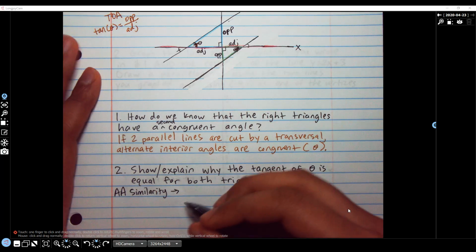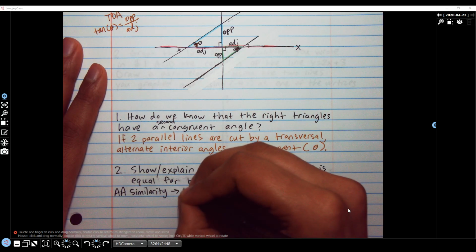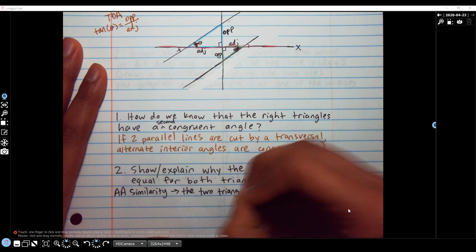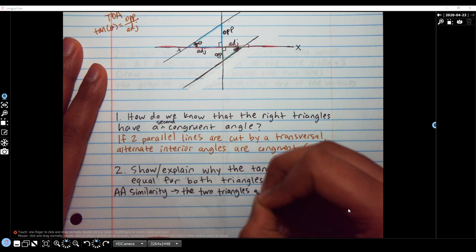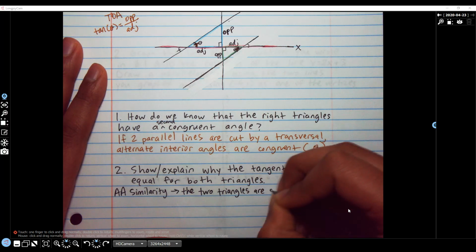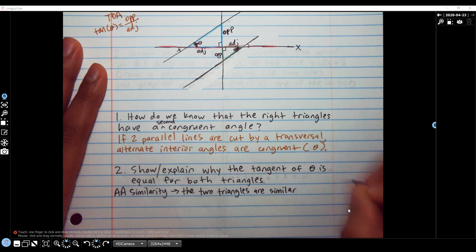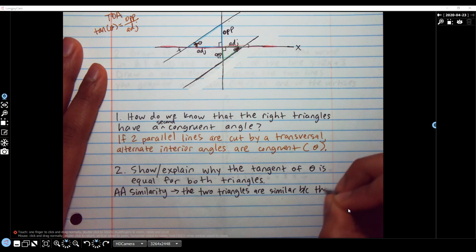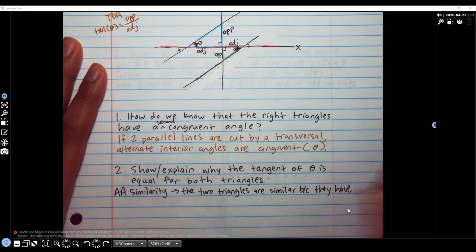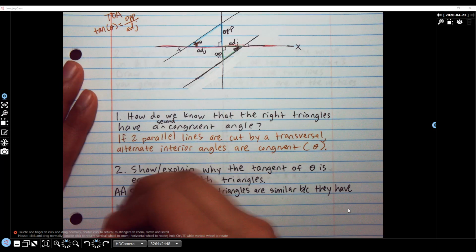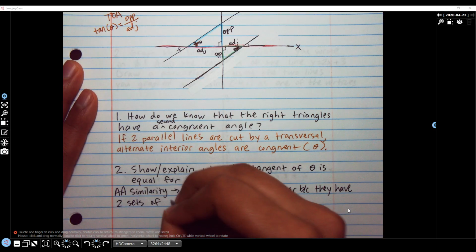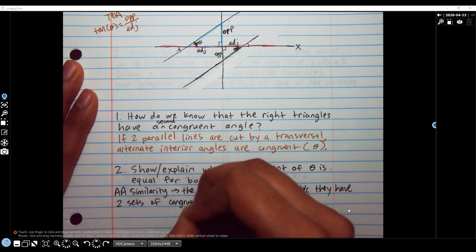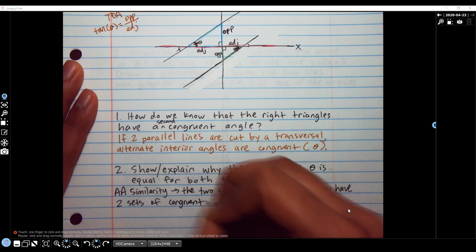So we've already got our right angles here and then theta. So the two triangles are similar because they have two sets of congruent angles.